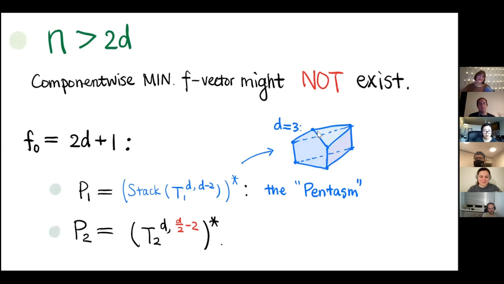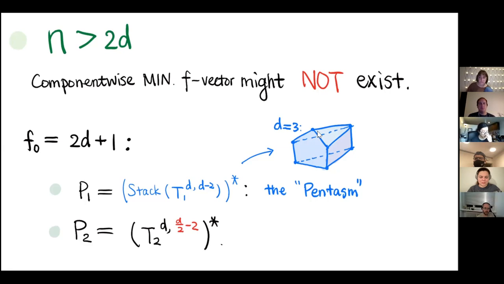In particular, I'll give you two polytopes, P1 and P2, and together they'll give you a contradiction: neither of them will give you the component-wise minimizer. As you can see on the board, they're both adjusted versions of Grünbaum's polytopes.